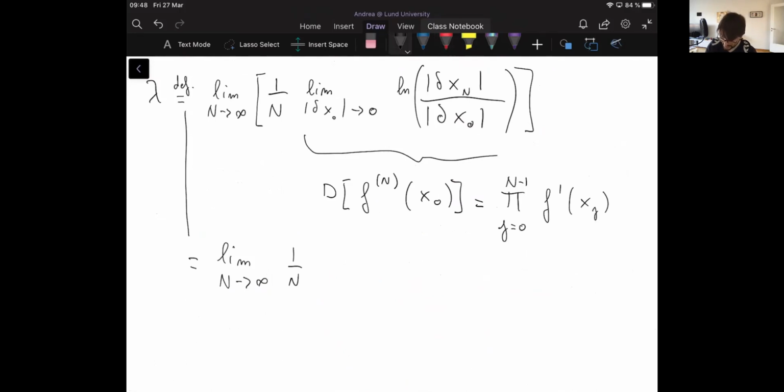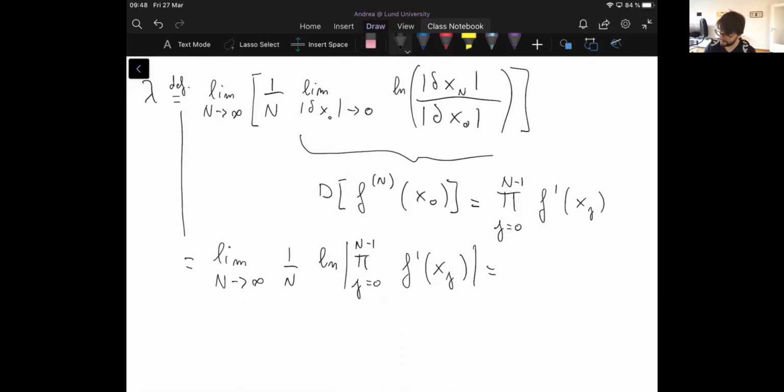And the Lyapunov exponent can be computed in this other way. So if I put here this product, f prime of xj, and the absolute value like this.